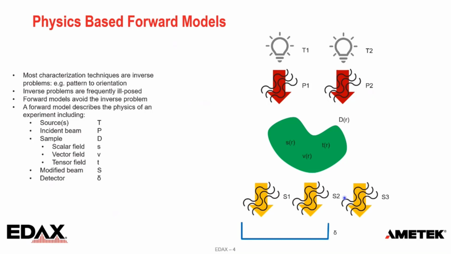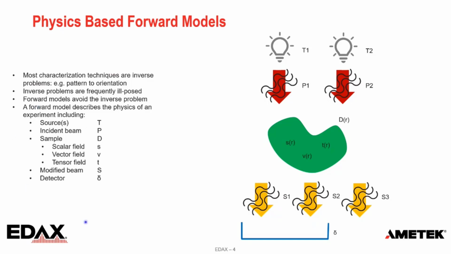So what is a physics-based forward model, which is what dictionary indexing uses underneath? Most analysis techniques in science are an inverse problem. For example, in EBSD, we have a pattern and we want to go backwards to an orientation. The forward direction is the physical experiment from an electron beam to a diffraction event to a camera capturing it.